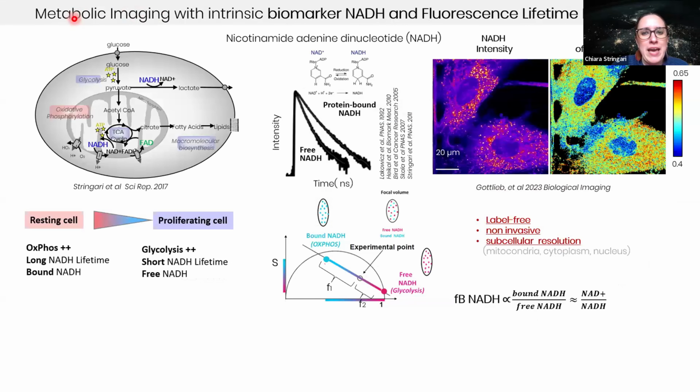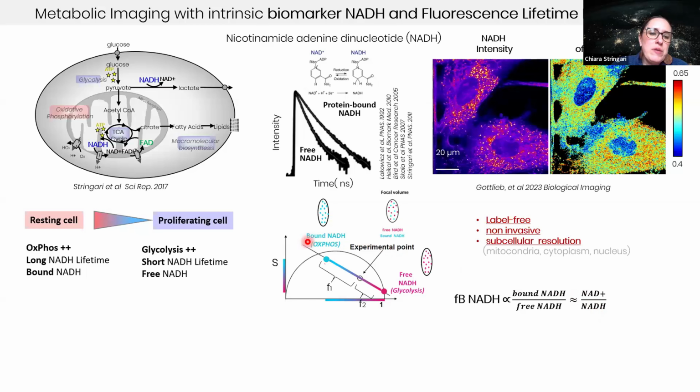But if you just go back and focus on NADH itself, or NAD(P)H, when we measure the lifetime of NADH, we can quantify through multi-exponential fitting or phasor analysis the fraction of bound NADH with respect to free NADH, which is actually proportional to the redox ratio NAD+ divided by NADH.